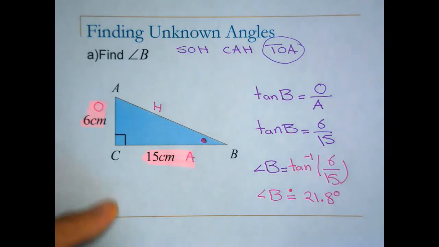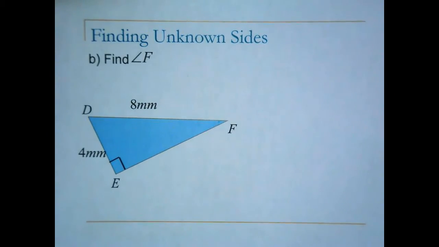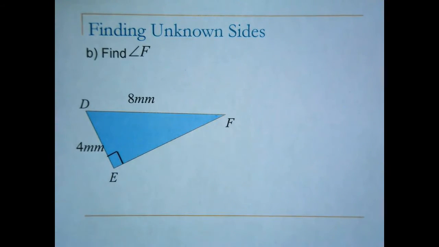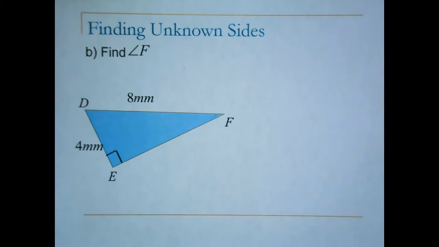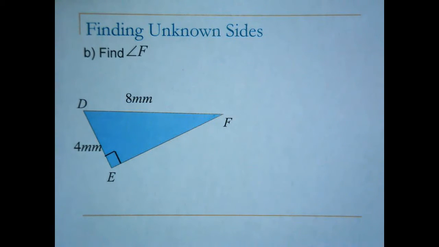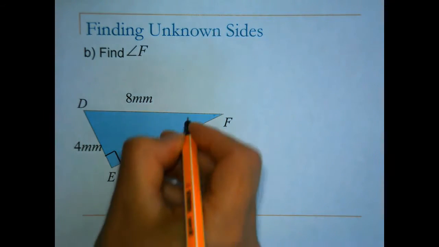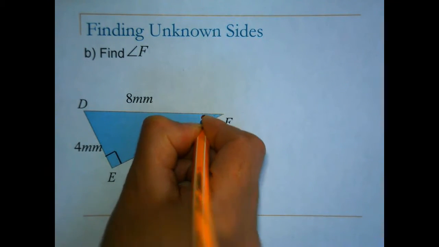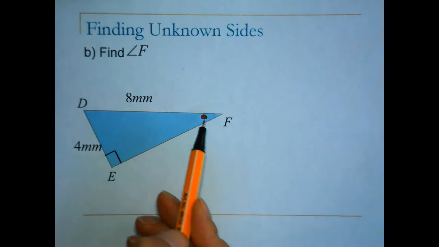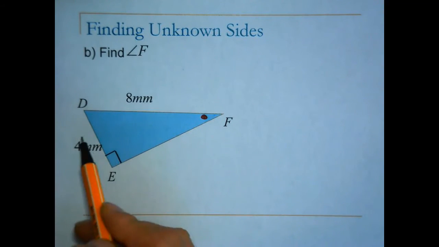Now let's move to one more question. We have triangle DEF here, and we want to find angle F. So I'm going to put a dot here, and the first step is to label.